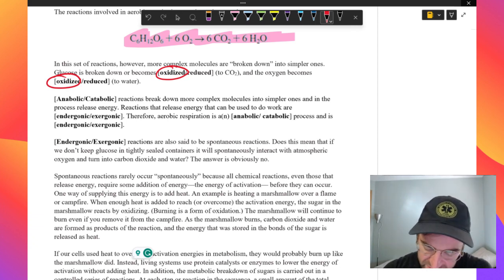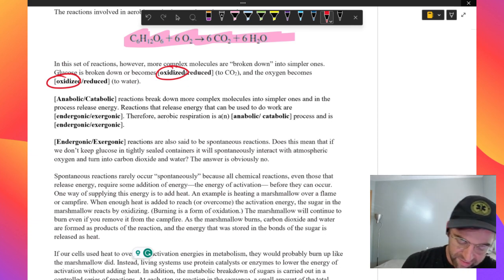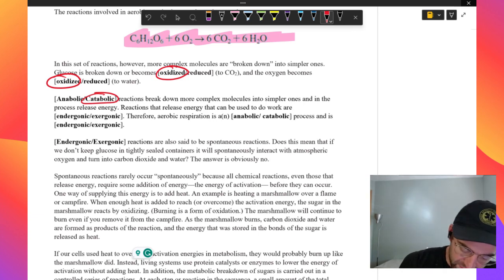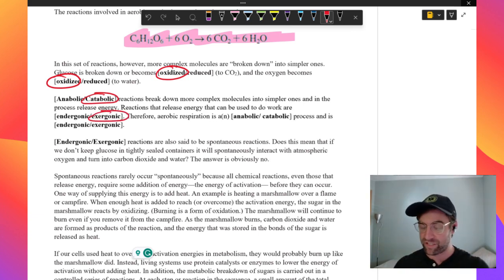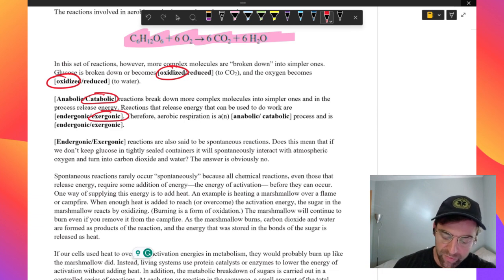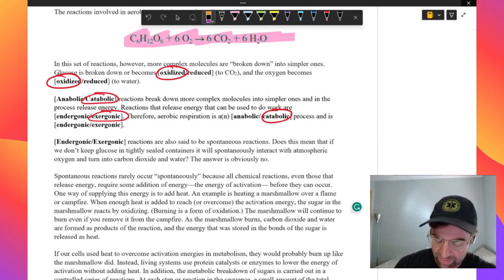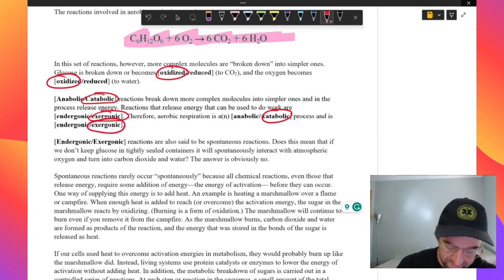So which reaction breaks down more complex molecules into simpler ones and in the process releases energy? Catabolic. Reactions that release energy that can be used to do work are exergonic. They release energy to do work. Therefore, aerobic respiration is a catabolic process, it breaks down molecules, and it is exergonic.